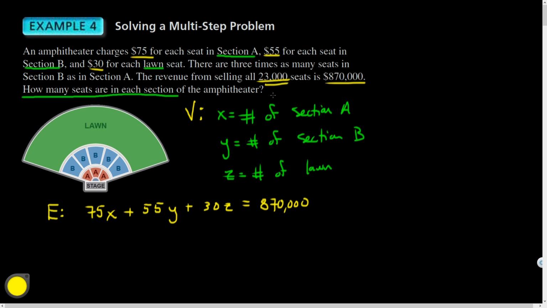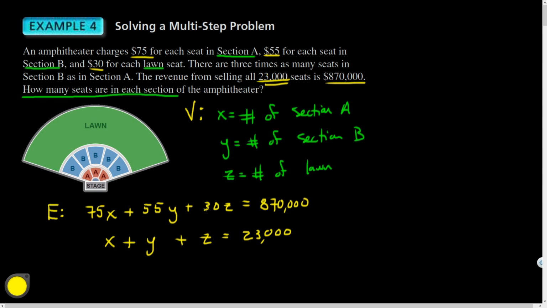Another fact they gave me is that there's a total of 23,000 seats. And since all 3 sections combined are the only 3 sections, we could assume that they all add up. All of these quantities of seats would add up to 23,000. So I'm going to write X plus Y plus Z equals 23,000.